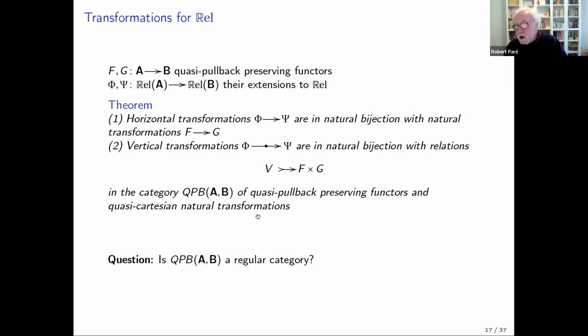So it's natural transformations where the cells are quasi-pullbacks. Okay, so I think that this category here is a regular category because the relations work well, but I haven't actually checked it. As I said, you know, quasi-pullbacks are a little bit tricky, and so you have to sort of, I mean, you're thinking of them as being pullbacks, but some of the things that pullbacks do, they don't, and so on. Okay, so I think this is true, but I don't know.